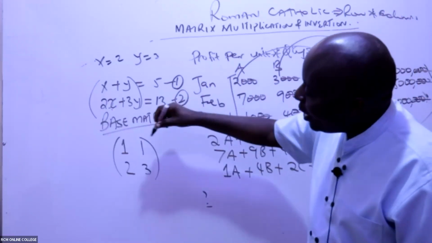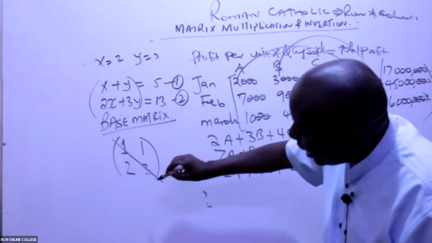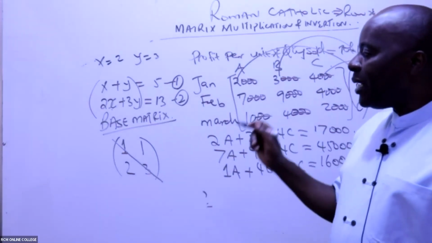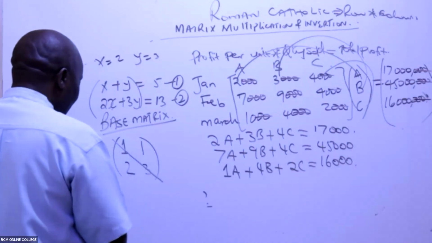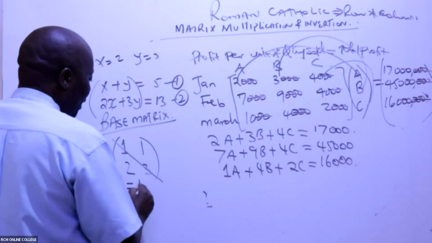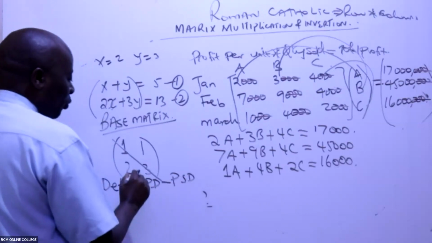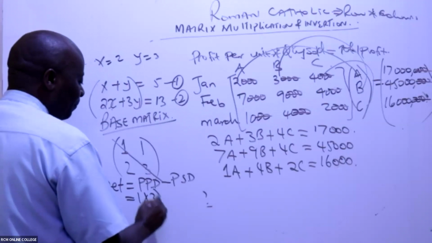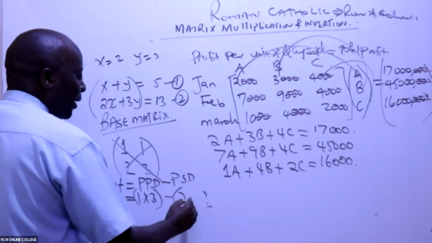The primary diagonal is normally the one that starts from the first element here. Remember, to get the determinant, we say it is PPD minus PSD: the primary diagonal is 1 times 3, minus the product of the secondary, 2 times 1.